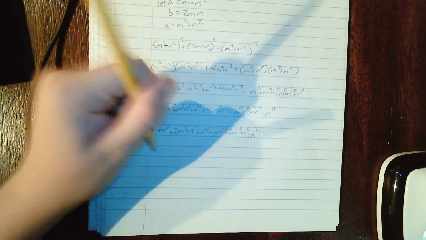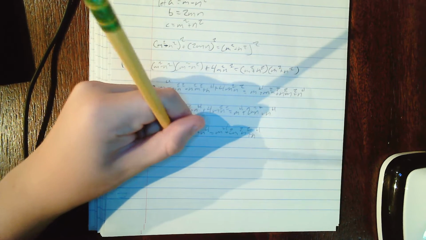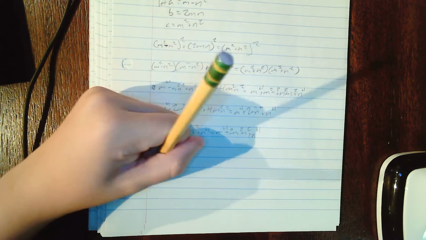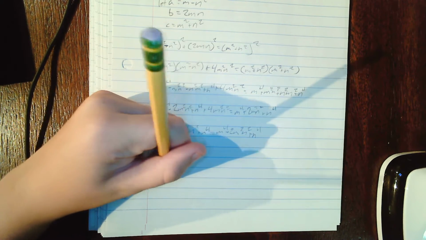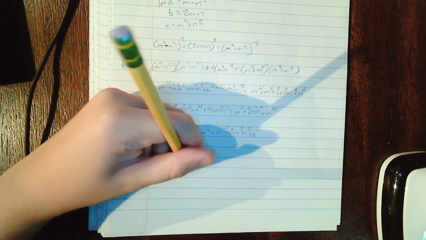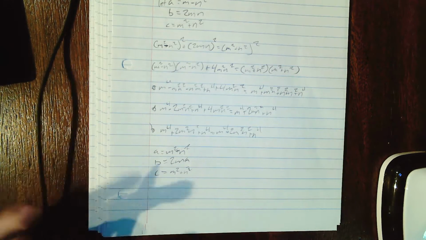So we found something. For any given triangle, if we write A as m squared minus n squared, B as 2mn, and C as m squared plus n squared, we're always going to get a Pythagorean triple.